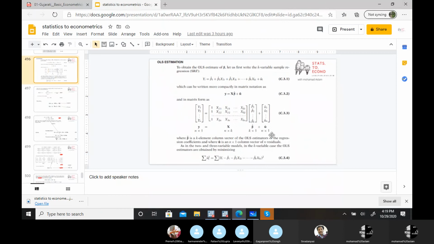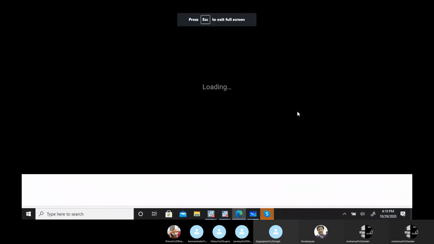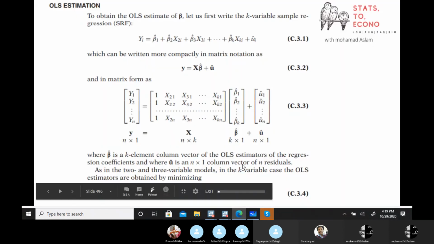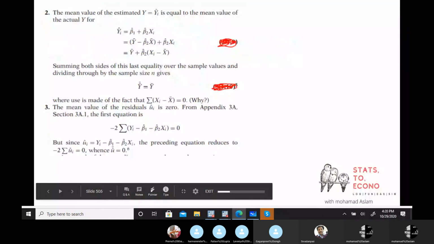These are the two other properties of the sample estimates with the OLS method: the residual term is not correlated with the dependent variable as well as the independent variable.